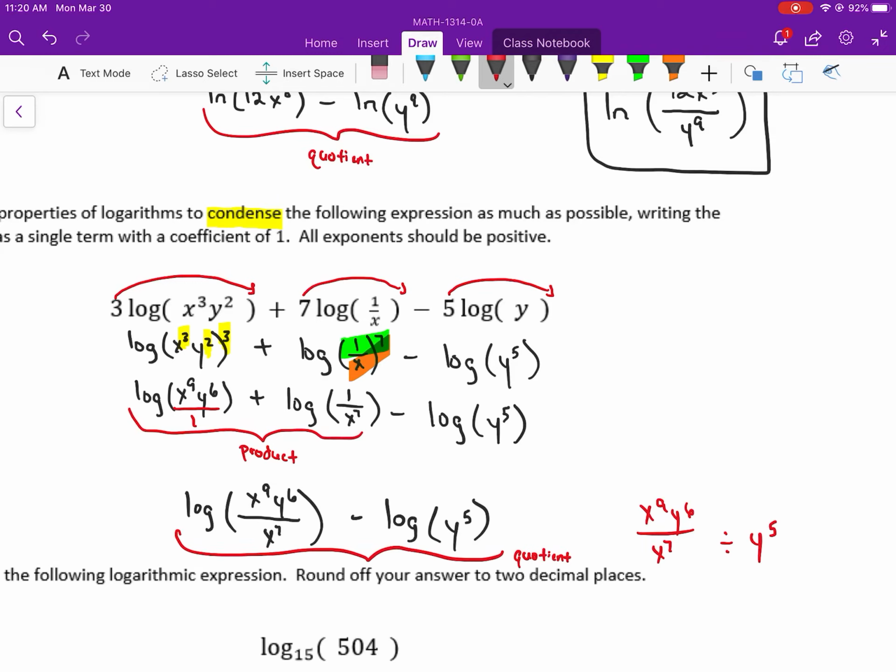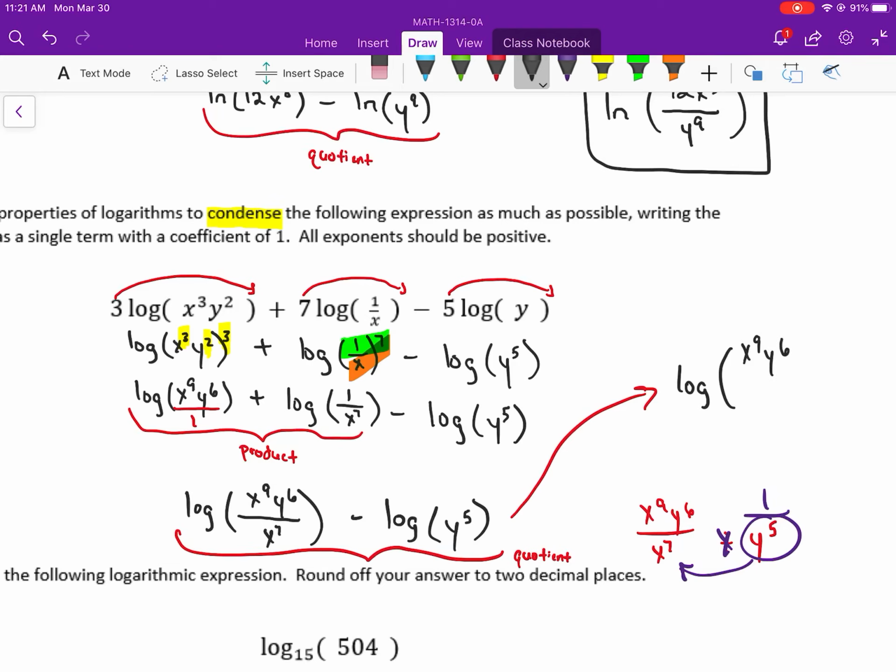So we're doing x to the 9th, y to the 6th, over x to the 7th. And we're going to be dividing that by y to the 5th. Now, remember keep, change, flip. When we do keep, change, flip, we're going to change this to a multiplication statement, and we're going to flip this to 1 over y to the 5th, okay? Which means this y to the 5th is going to be part of the denominator now. All right, so let's write that right up here.